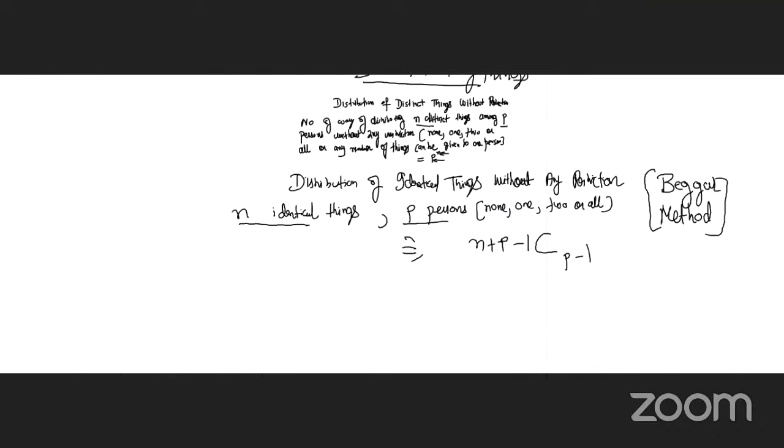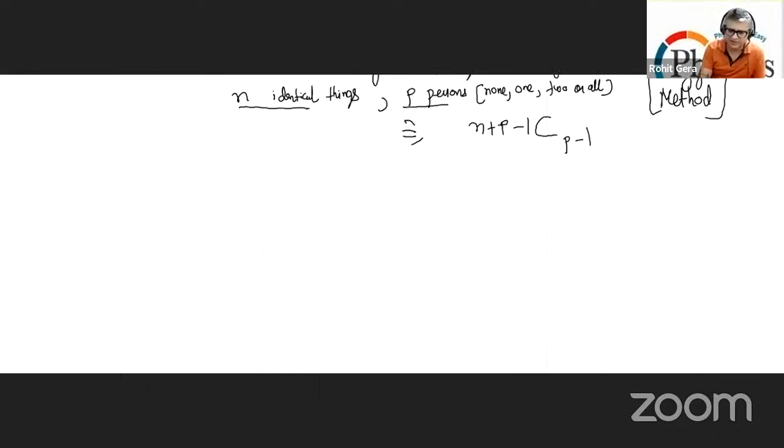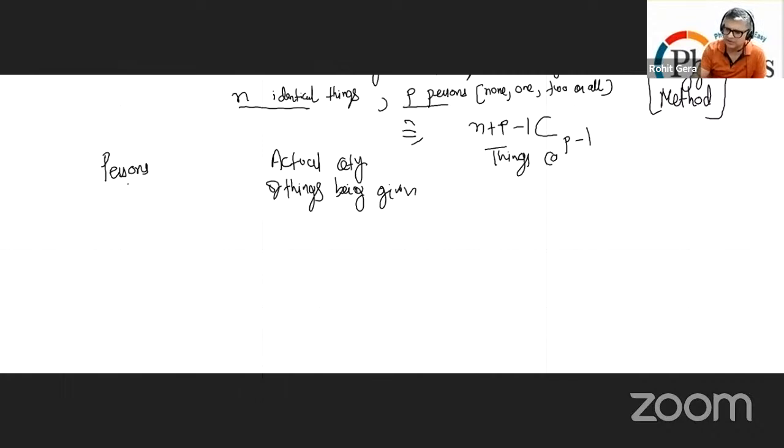बांट रहे हैं. So let's say these are the persons, okay? Because it uses binomial, I think, to some extent. So these are the persons, and these are the actual quantity of things being distributed to them. So let's say this is person 1, and the actual quantity of things given is R1, and the things which can be given are 0, 1, 2.